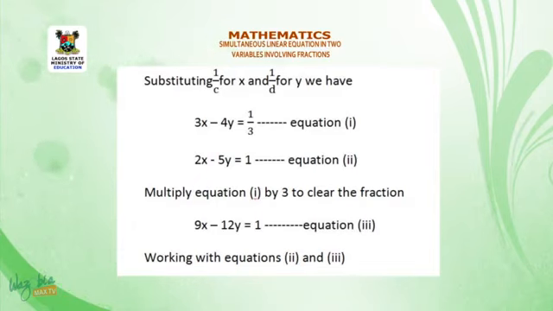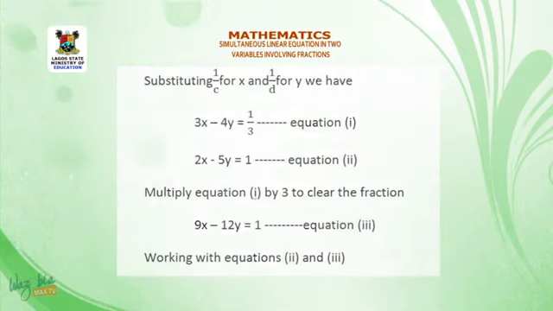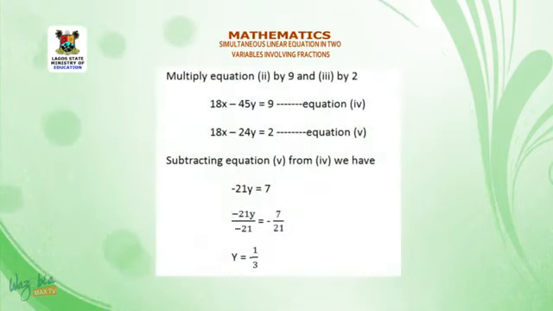Multiply equation 1 by 3 to clear the fraction. 9x minus 12y is equal to 1, equation 3. Working with equations 2 and 3, multiply equation 2 by 9 and 3 by 2. 18x minus 45y is equal to 9, equation 4. 18x minus 24y is equal to 2, equation 5.